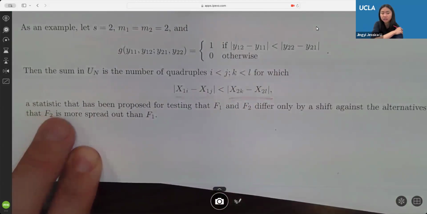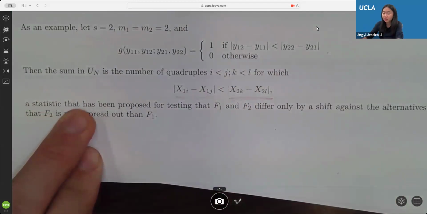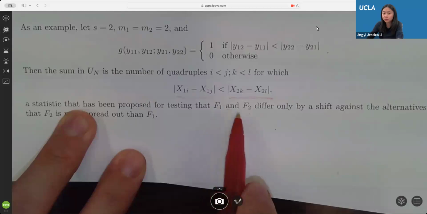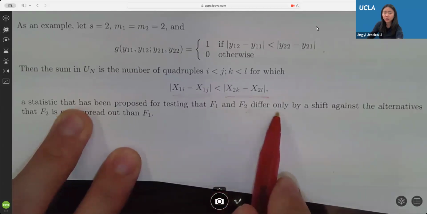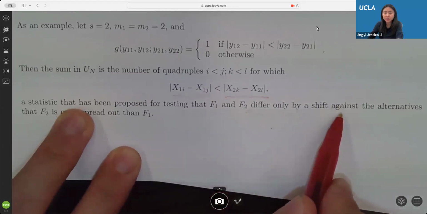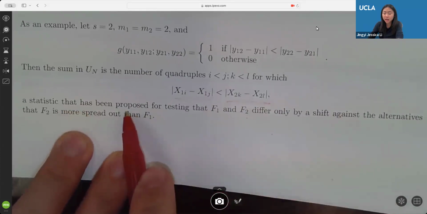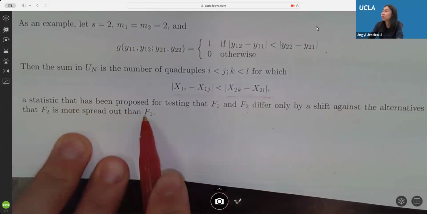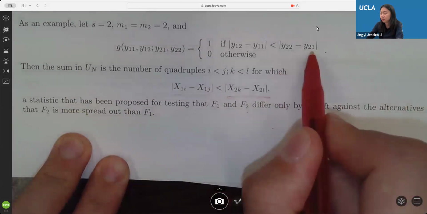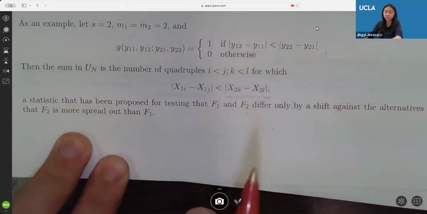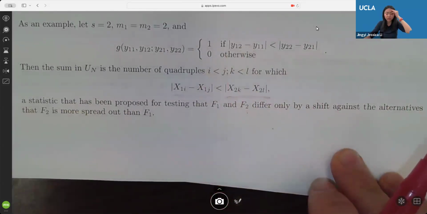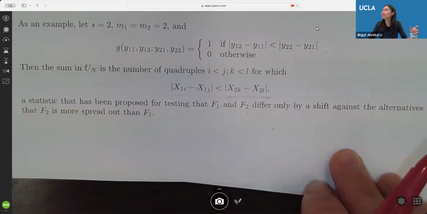This statistic has been proposed for testing that F1 and F2, the distributions of the two samples, differ only by a shift, against the alternative that F2 is more spread out than F1. Because you randomly pick two things, and the spread is bigger in sample 2 than in sample 1. So in other words, there are many statistics you can construct as U statistics, as long as you sample without replacement.